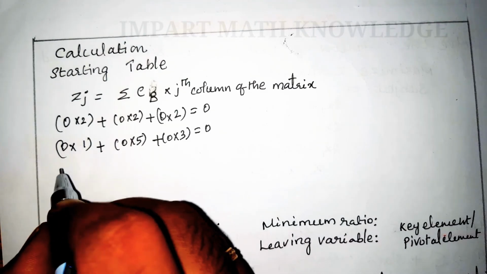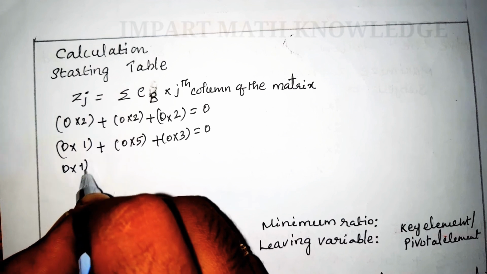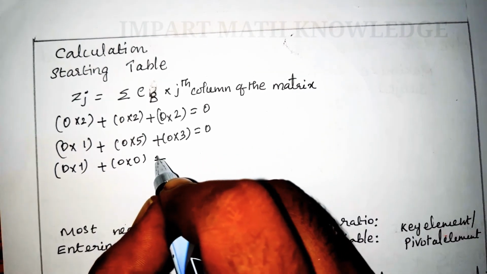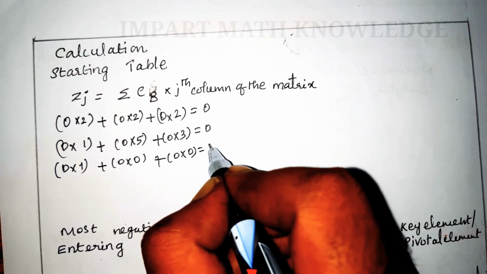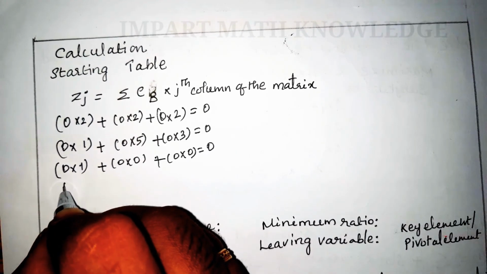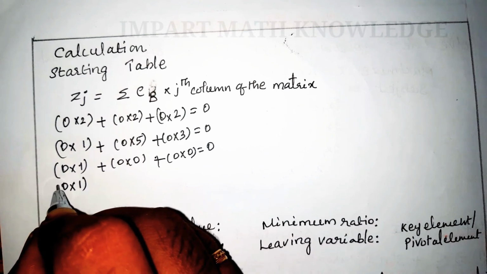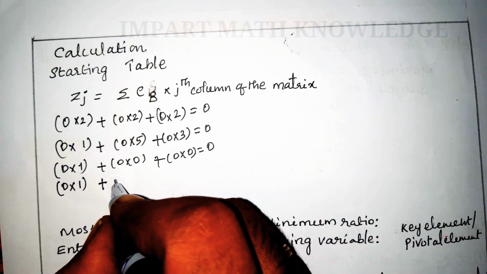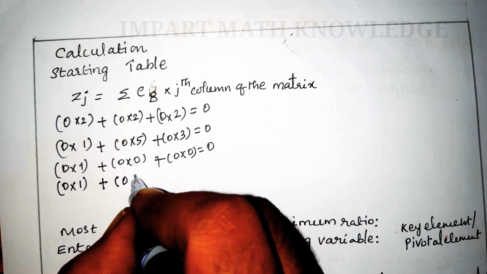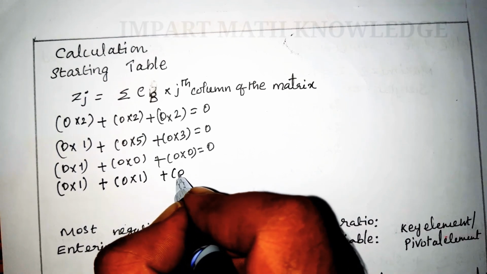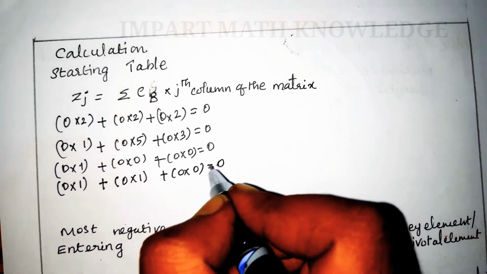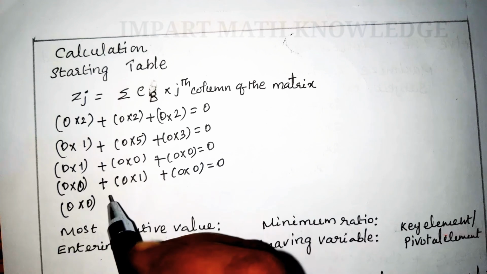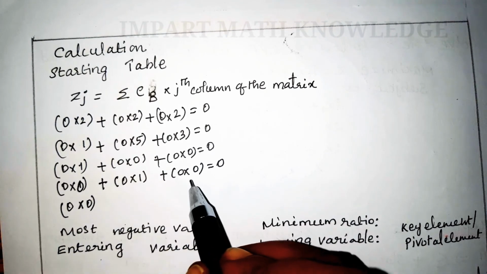Now the third one is 0 into 1 plus 0 into 0 plus 0 into 0. Most probably in the starting table your Zj value is 0 since the cost is 0. 0 into 1 plus 0 into 0 is equal to 0. 0 into 0 plus 0 into 1 plus 0 into 0.